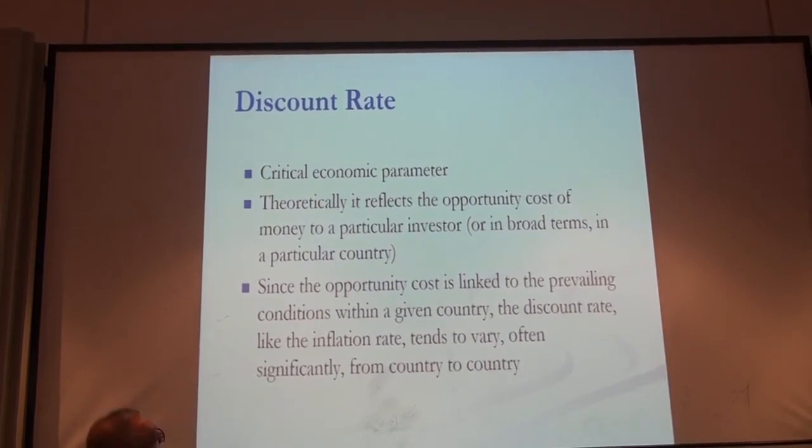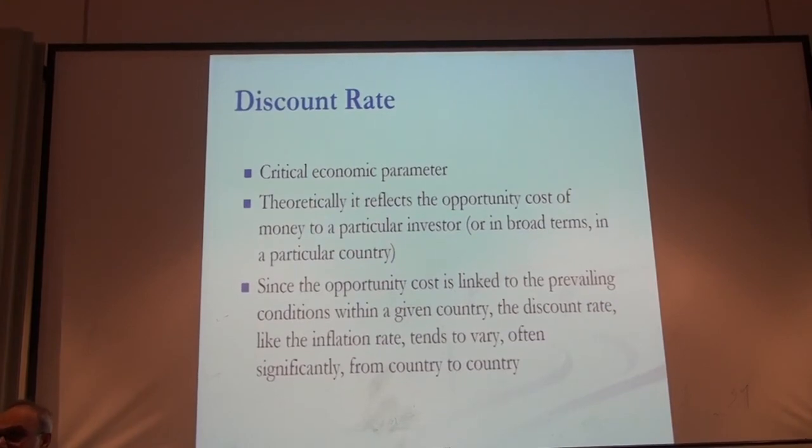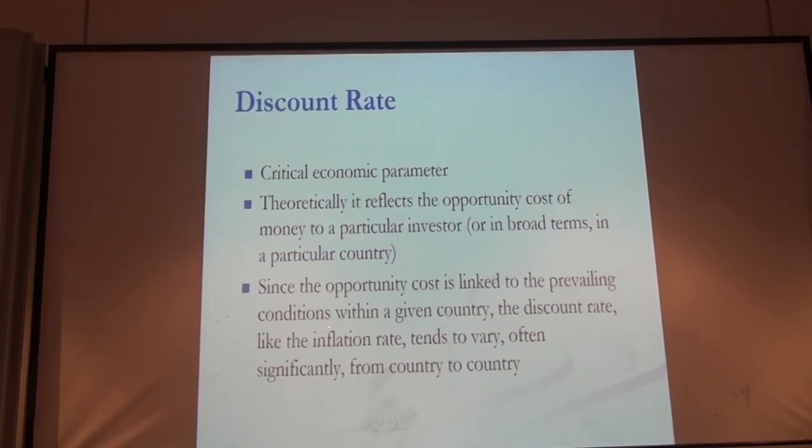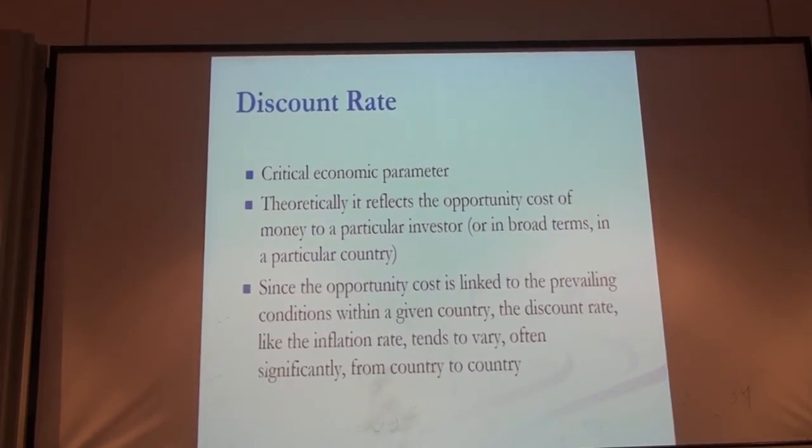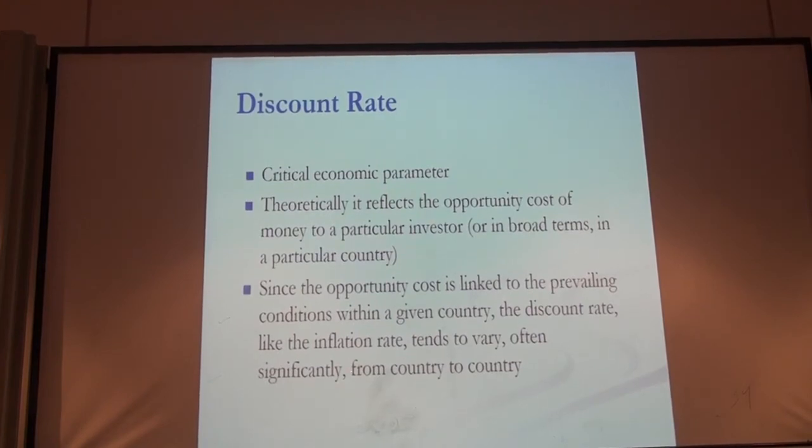And as I said here, this is a critical economic parameter. It can change the analysis, and we will see the example. And since the opportunity cost is linked to the prevailing condition within a given country, the discount rate, like the inflation rate, tends to vary often significantly from country to country. Normally, higher discount rates are used for developing countries or underdeveloped countries, and lower discount rates are used for developed countries.